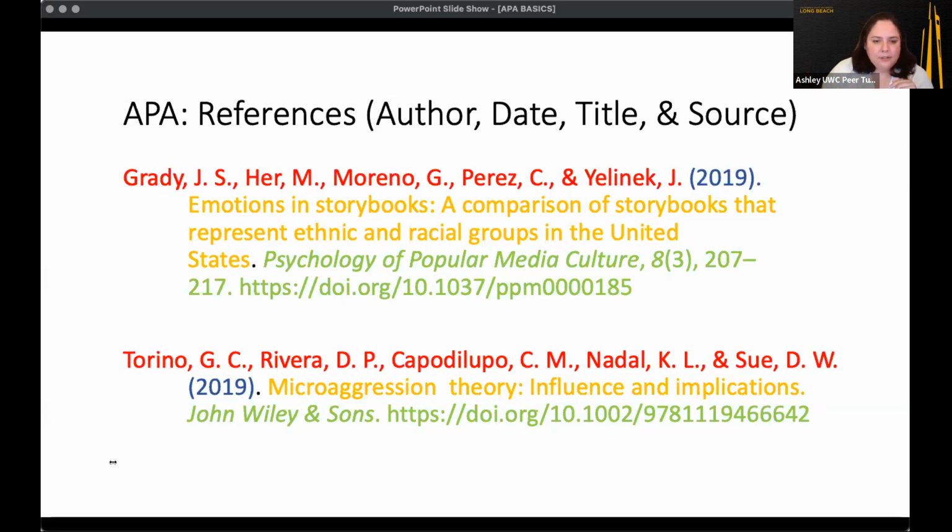And here is the name of the article. See how the first letter of the first word is capitalized, and then after the colon, in the subtitle, the first letter of the first word is capitalized, as well as United States, because it's a proper noun.